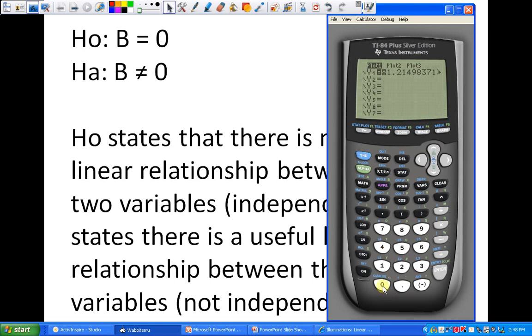Now one thing I'll show here, and you don't have to do this every time. If you go to second 0, that's your catalog. I'll go down to the D's. If you ever, and turn the diagnostics on, make sure it says done. If you ever don't get an R or R squared value, that's why. Just make sure you turn those on. So I'm going to run it again.